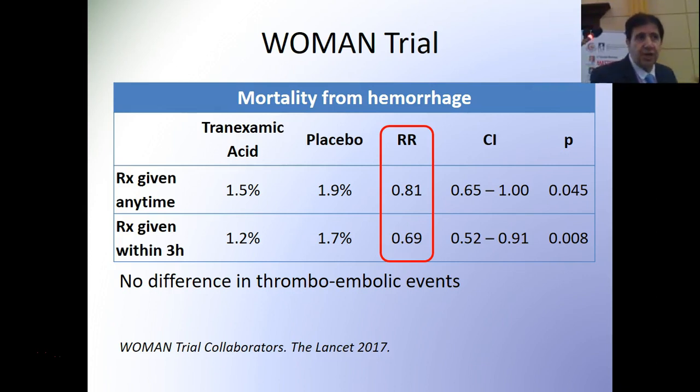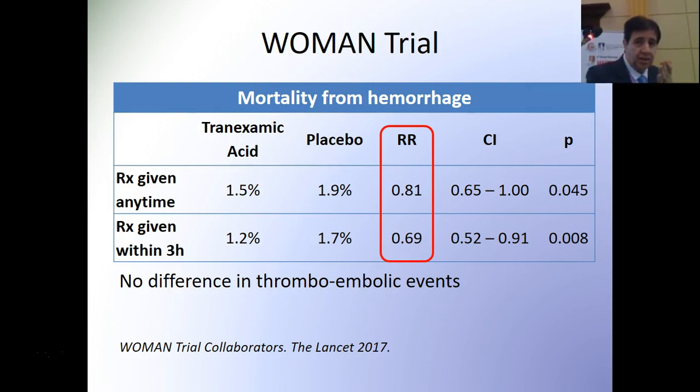And the figure from that trial overall, given at any time, was 0.81. So they concluded that tranexamic acid works. It decreases mortality from hemorrhage. But again, if it is given within 3 hours, the efficacy will be much more. But unlike the initial CRASH trial, they didn't mention not to give it after the 3 hours.